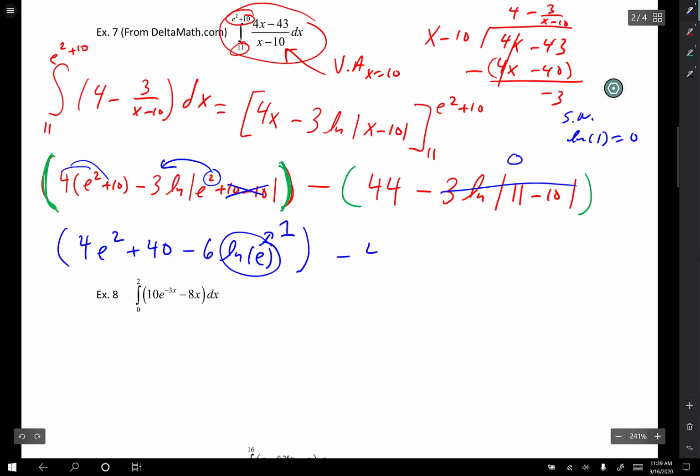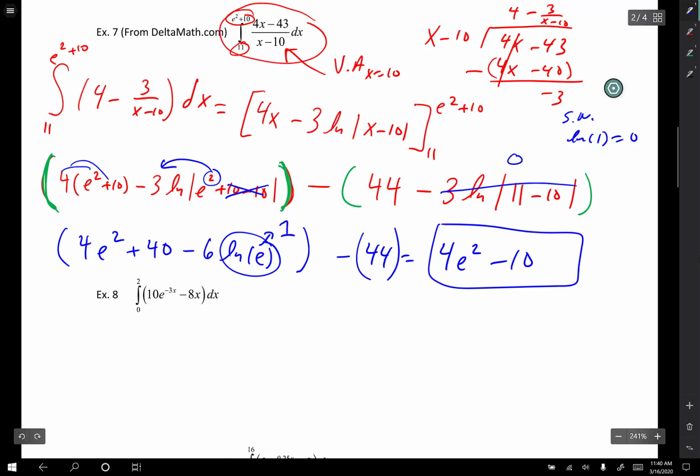And then now that minus 44. So what I have here is, let's see, if I didn't make any mistakes, 40 minus 6, that is 34. 34 minus 44, or that negative 10. So I have 4e squared minus 10.